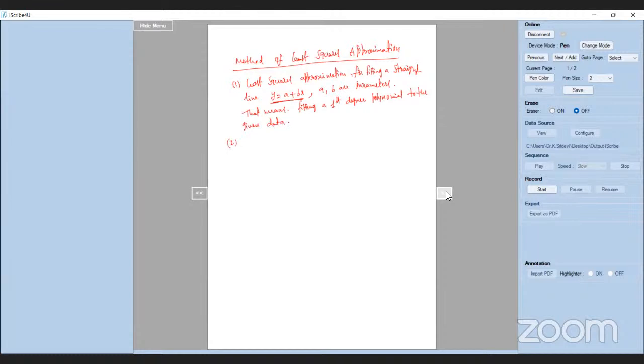Similarly, you are going to find the least squares approximation for fitting a parabola. That is denoted by y is equal to a plus bx plus cx square, where a, b, c are parameters.